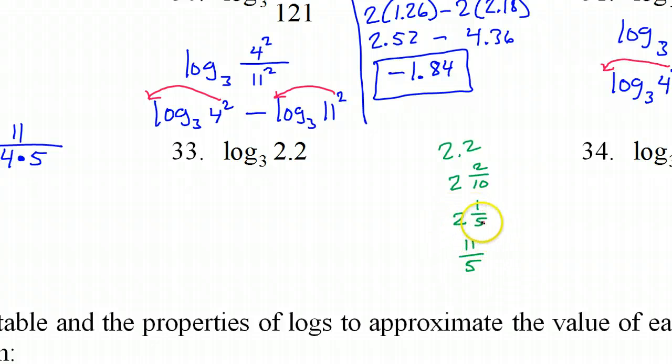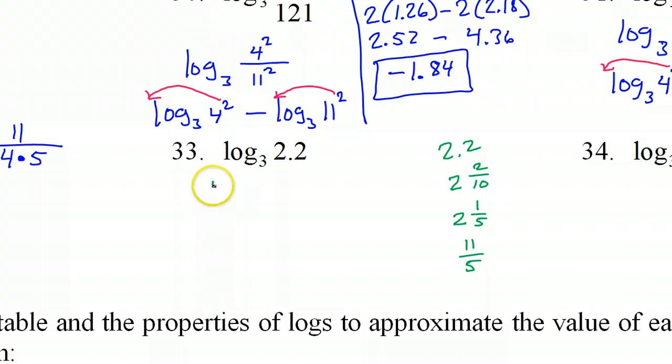So I don't know what they're teaching you kids these days. But I learned that if you have a mixed number like this, you can just multiply and add, 5 times 2 plus 1, 5 times 2 is 10 plus 1 is 11. Boom. But if you learned it a different way, you do what you need to do.